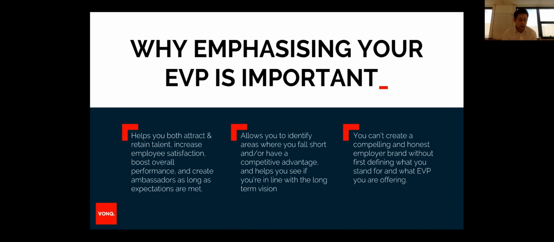But on the other side, if you get this right, you can benefit in multiple ways. It can help you both attract and retain talent, because it's great bringing in new employees, but when their expectations are not met, not only will they head straight for the door, but they're going to head online and tell the whole world, thanks to websites like Glassdoor. And don't think that word of mouth is dead.